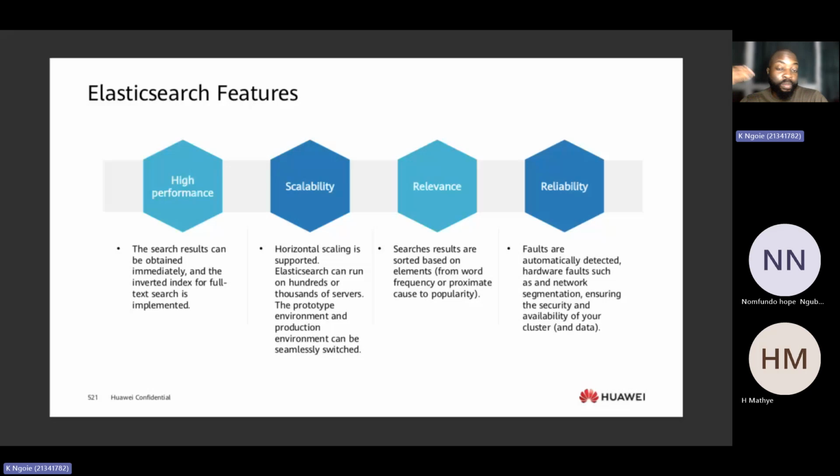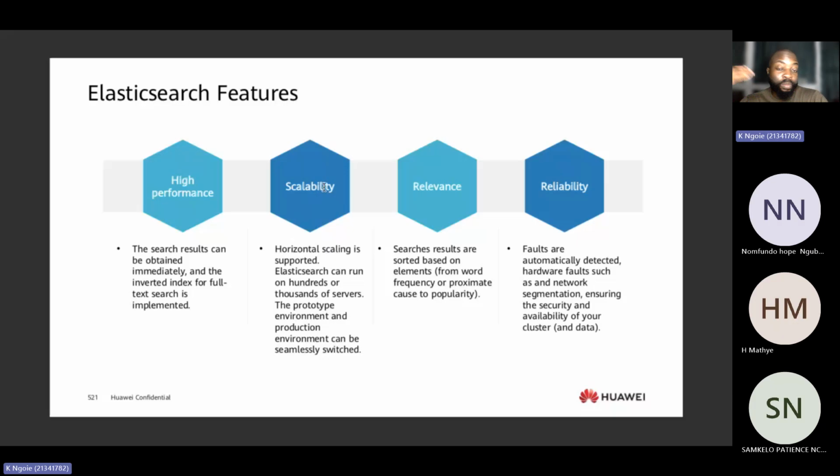You have scalability as well. When we talk about scalability, we mostly think of how easy it is to scale this data. You have a large data set, and how are you able to scale your search in that data?